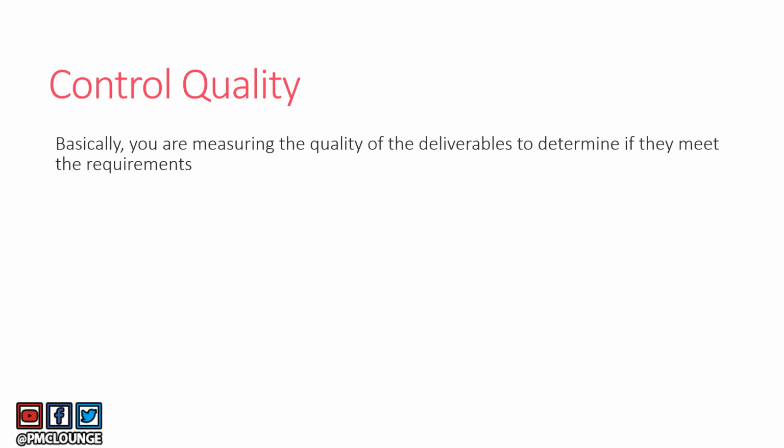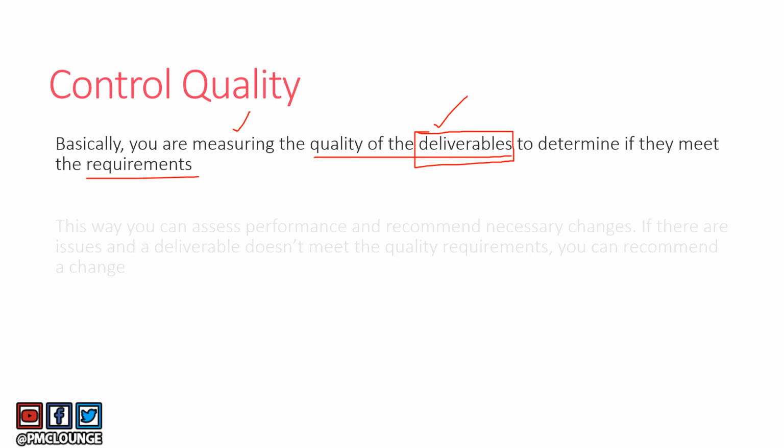All right, so let's wrap this video up with some more pointers about control quality. Basically in this process, you are measuring the quality of the deliverables to determine if they meet the requirements. In our previous example, you were measuring the quality of the deliverable, which was flooring. So you were measuring how good the flooring was, and you were able to determine if that flooring met the requirement.